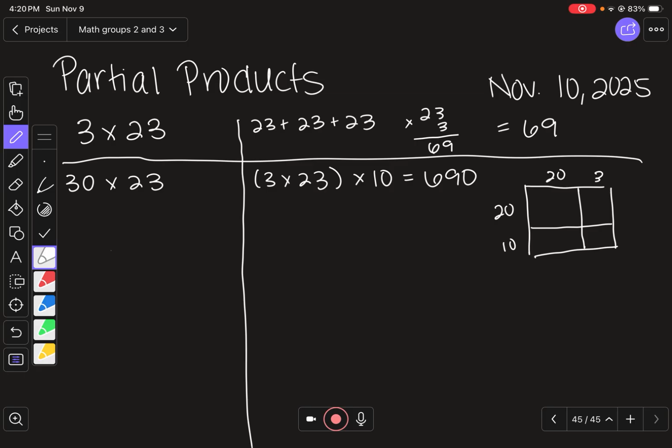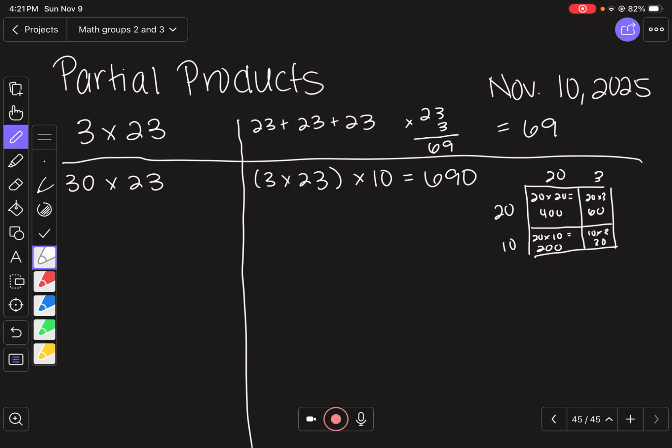This might make it a little bit easier for you if you know that 20 times 20 will give you 400, and then 20 times 3 will give you 60, and 20 times 10 will give you 200, and then 10 times 3 will give you 30.